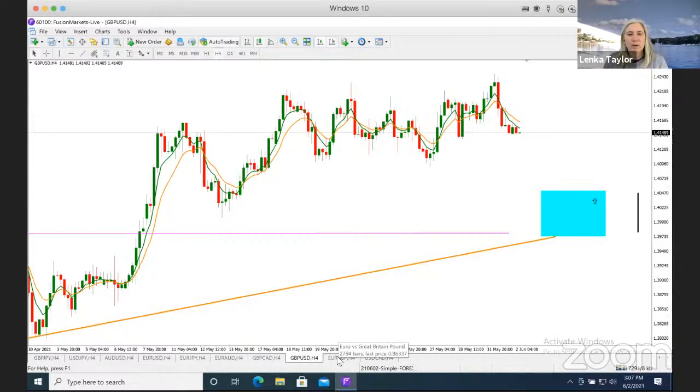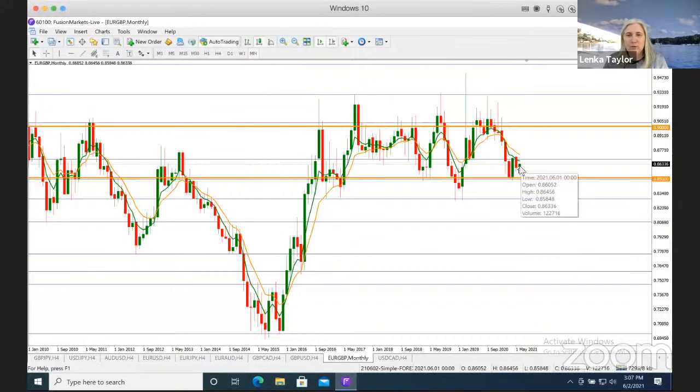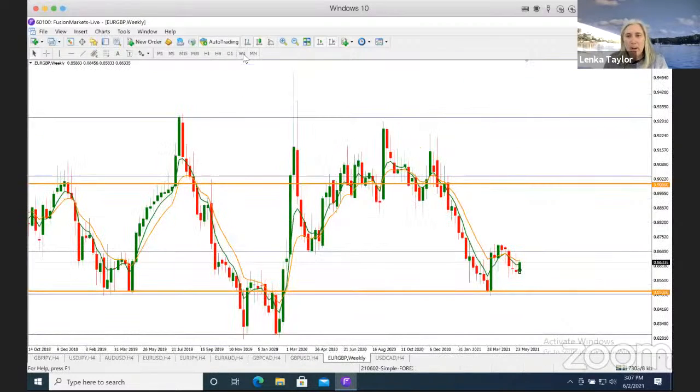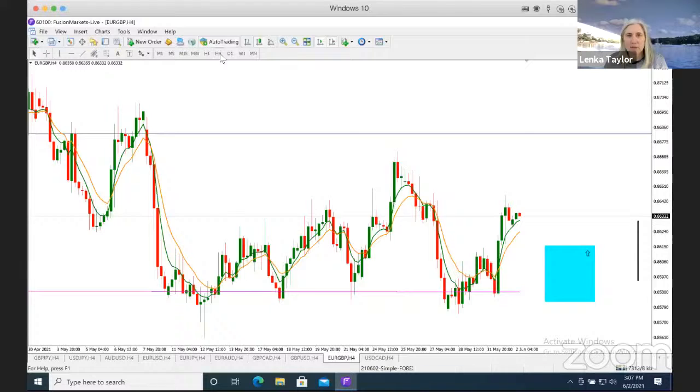Next currency pair I'm going to have a look at is Euro/GBP. Euro/GBP, I'm looking for a long, trading this range, so looking to go up to the top of that range there. So at the moment on the daily, EMAs are crossing in the upward direction.